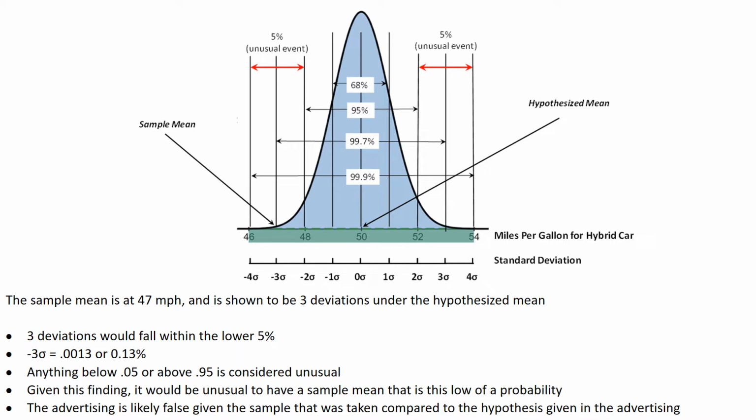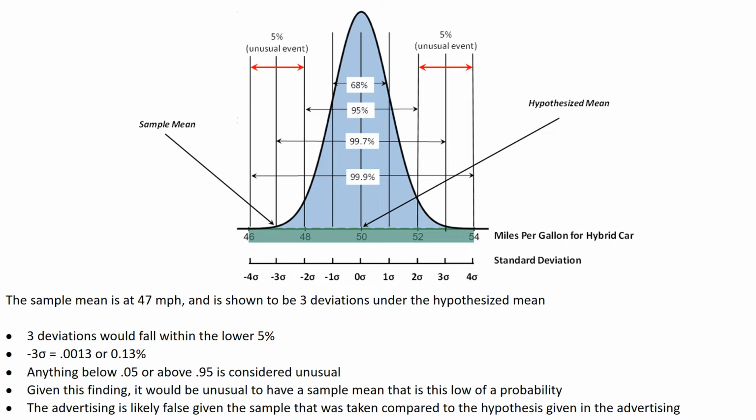If I go plus 1 sample deviation, that would be 51 miles per gallon. 2 deviations, because we have our sample deviation, 52. 3 deviations, 53 miles per gallon. And then we go minus 1, which is 49, minus 2 deviations, 48, minus 3 is 47.